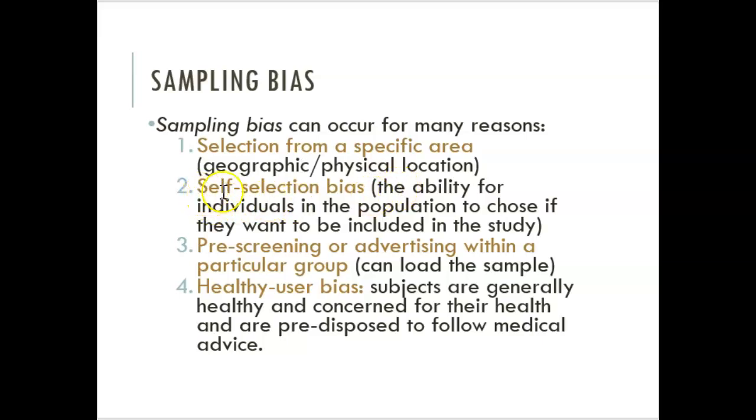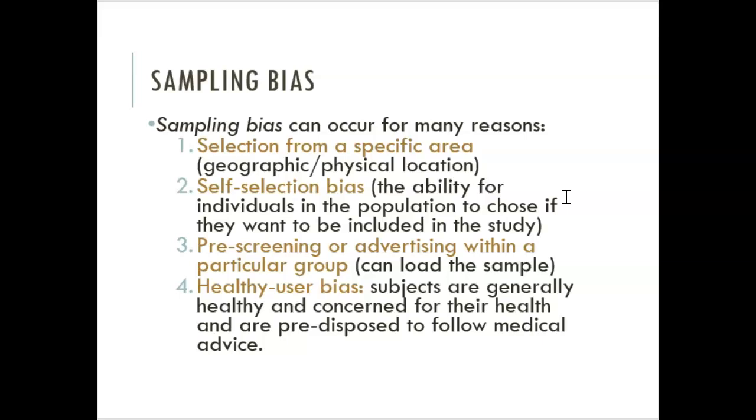Another example is self-selection bias. Self-selection bias is when only people that want to participate will come forward and participate. So an example of this is, let's say a few years ago, before marijuana got legalized, a survey was sent out asking what people think about whether marijuana should get legalized.